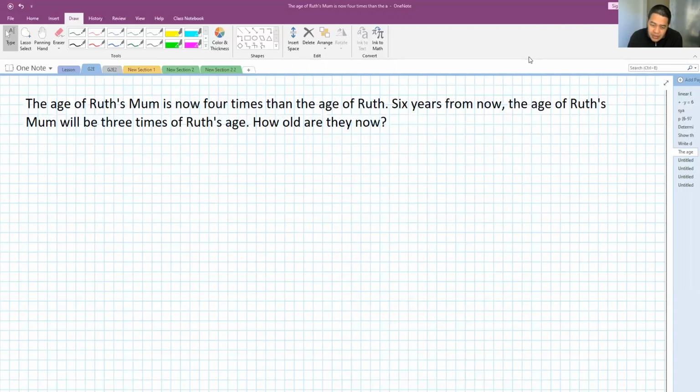I will discuss this method later, but the first thing I want to share is: if the kids haven't learned about unknowns and variables, how can we actually solve this kind of question?